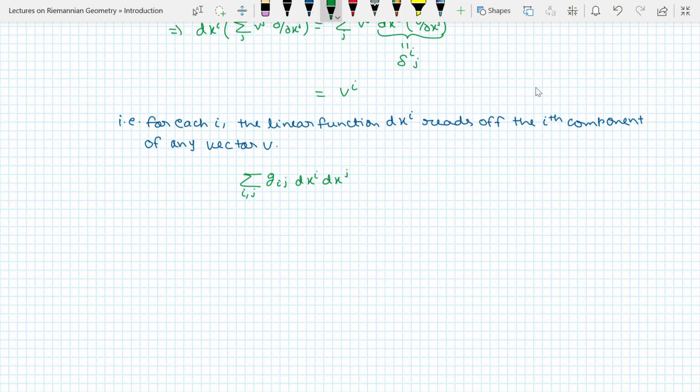And one more thing, this juxtaposition of differentials here simply represents the ordinary multiplication of functions on each tangent space.